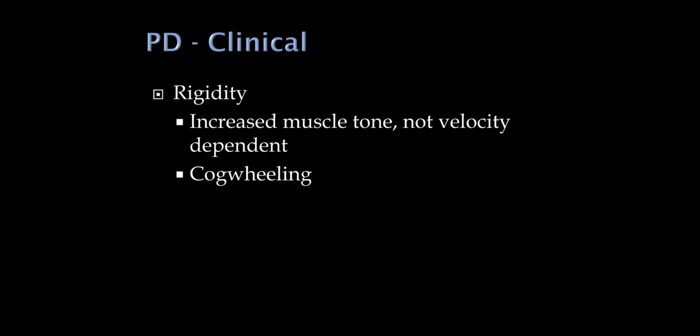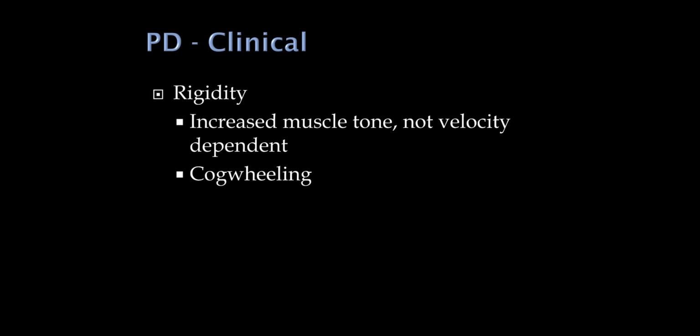T is for tremor, R is rigidity, and remember, unlike spasticity, this is not upper motor neuron. We don't have hyperreflexia and clonus and all of that, but it's an increased muscle tone that is not velocity dependent. So no matter how fast or slow you move the limb, it always feels stiff.